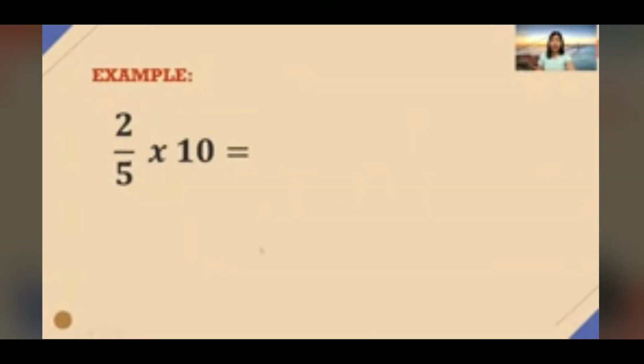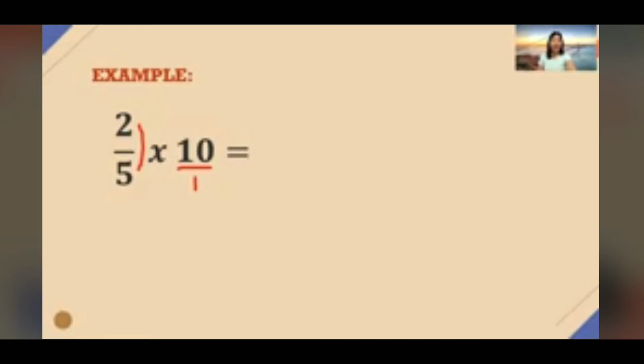So here is another example. 2/5 times 10. So again, how do we multiply a fraction by a whole number? Very good. We will just simply put 1 as our denominator so that we can rename our whole number to a fraction. So here, we are going to use our cancellation method. So, is there a common factor between 2 and 5?